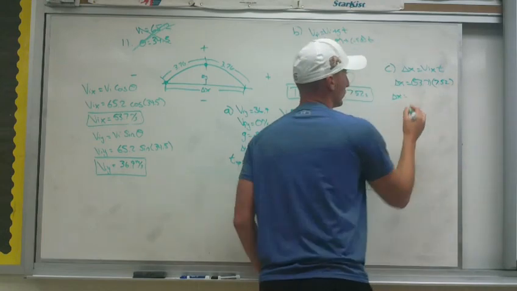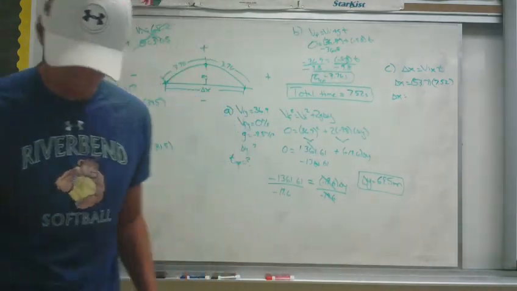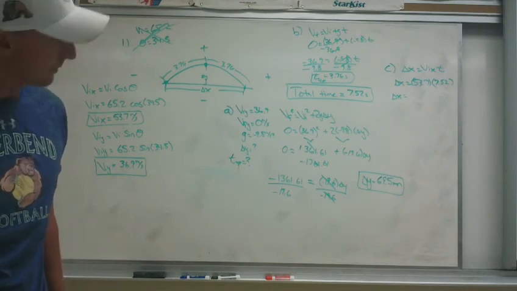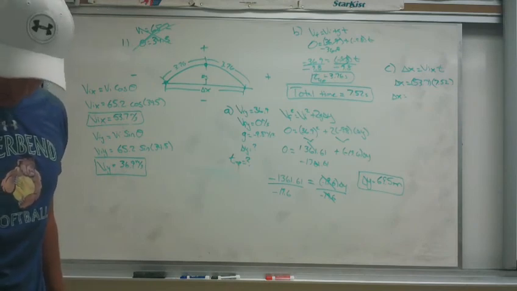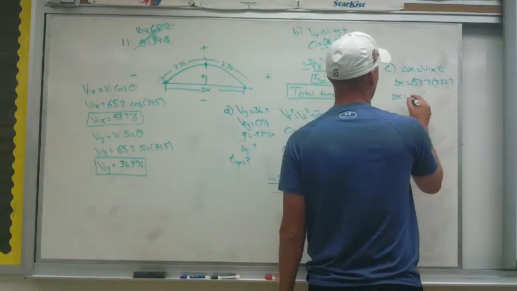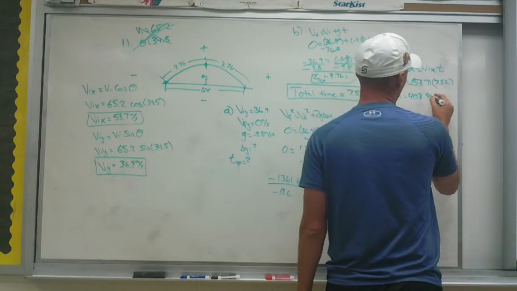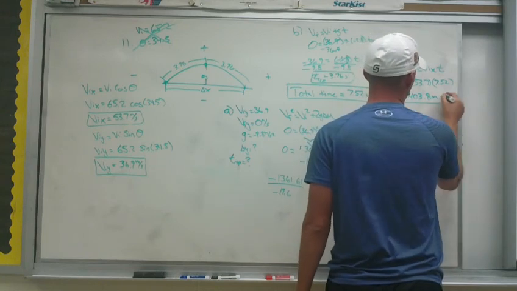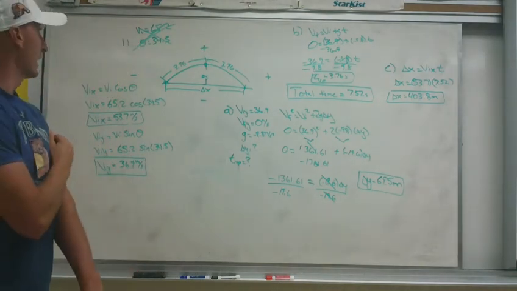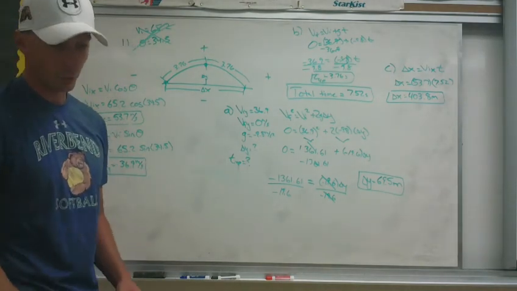Delta x equals 53.7 times 7.52. I get 403.8 meters. Well, that's it for that one. Again, just stay organized.